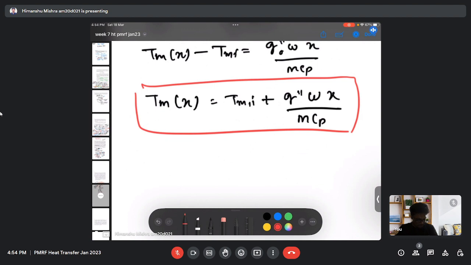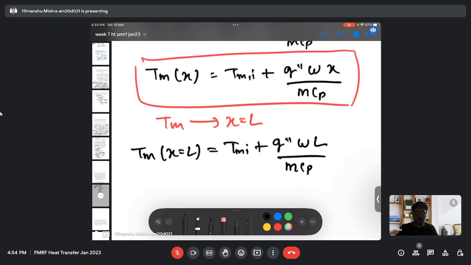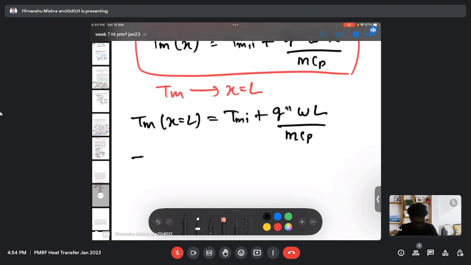That is, I need to find the mean temperature at x equals L, which means that this is my mean temperature expression at the outlet. So I need to put the values here.